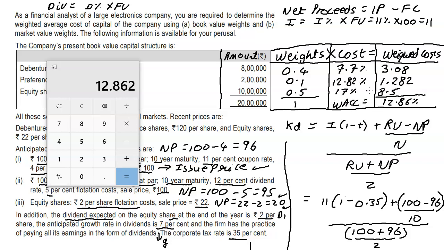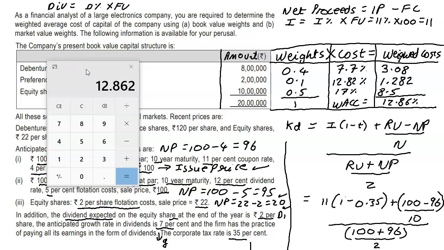It's not good enough to just put it in the table. You have to say, therefore, and I'm just dictating, please write it down in the exam. Therefore, the weighted average cost of capital using book value weights is 12.86%.